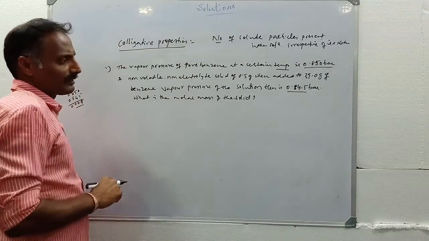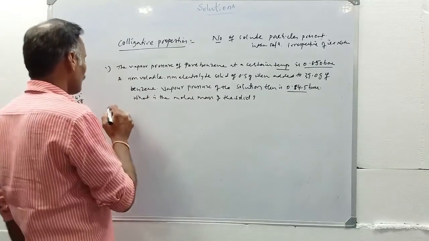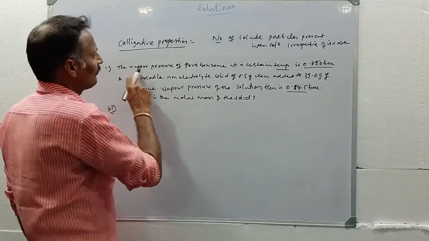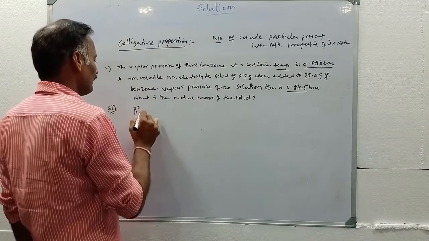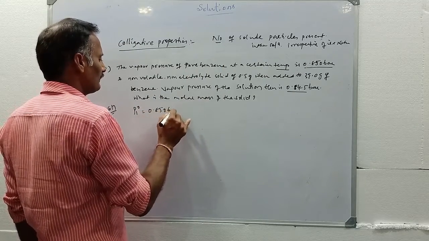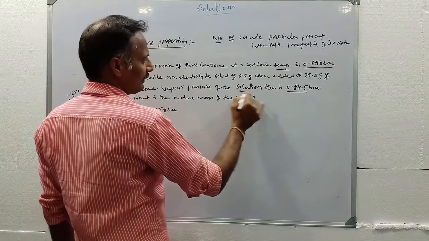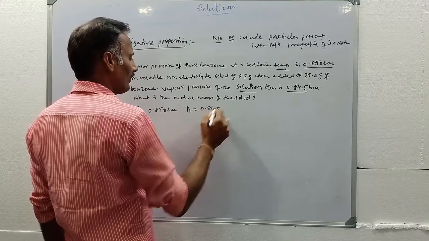You calculate the molar mass of the solid by using this data. First you write down the data given in the problem. This is the vapor pressure of pure benzene, P1 naught, equal to 0.850 bar. The solution vapor pressure is P1, equal to 0.845.